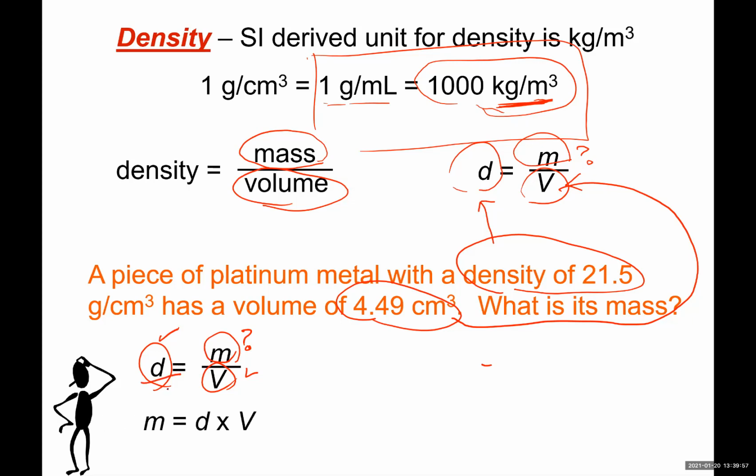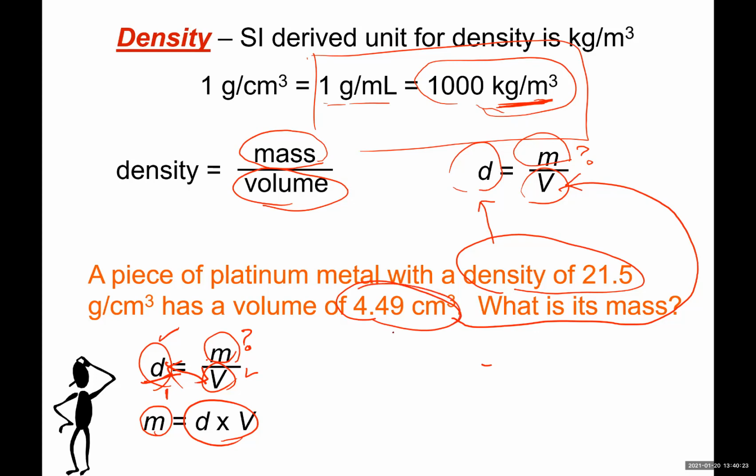I can add 1 here on the bottom, so any number divided by 1 is the same. And then do cross multiplication. 1 times M is equal to what? Is it equal to D times V? So this is the equation for mass. Mass is equal to density times volume.